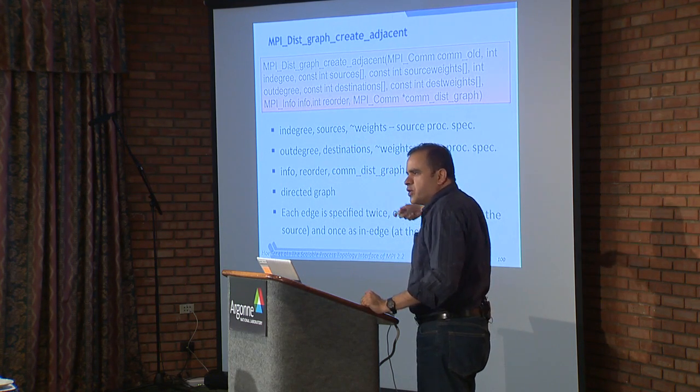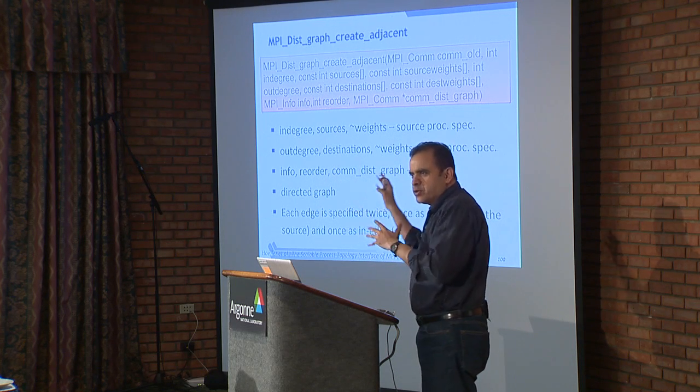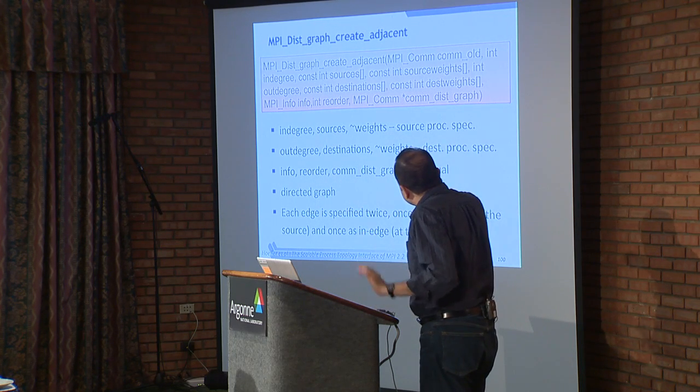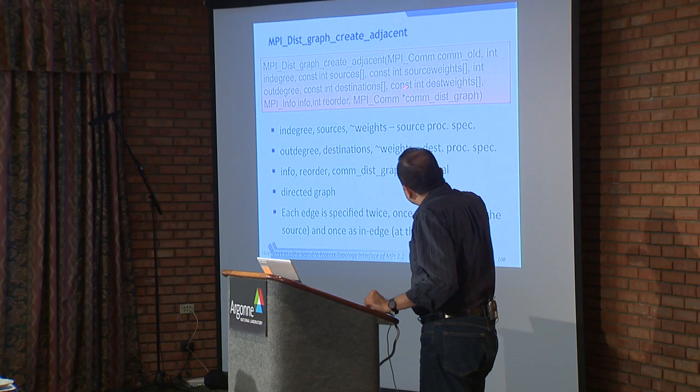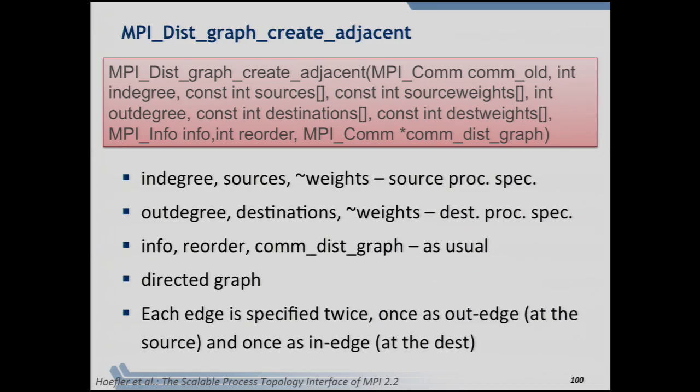Some of the details you can see in the MPI standard, which you probably don't need to worry about until you actually use it. Similarly, the out degree is how many target ranks you are sending to, and these are the list of those ranks and the associated weights again.